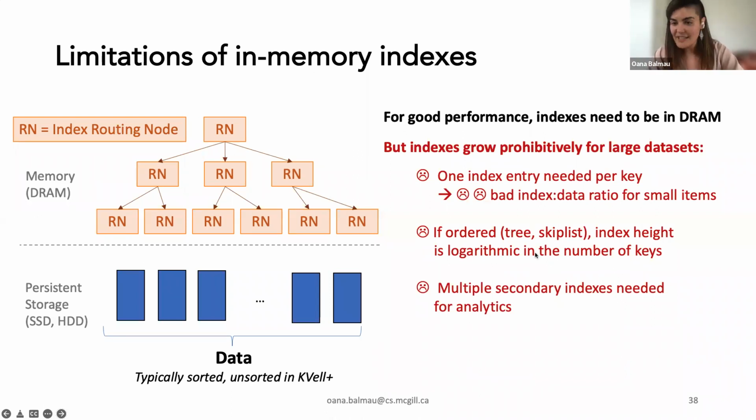This isn't such a big problem because it's logarithmic in the number of keys, but it still contributes for very large data sets. And finally, maybe we don't just want one index, maybe we want multiple indexes to be able to run multiple types of analytics on the same data set. So all of this leads to memory consumption for the metadata.